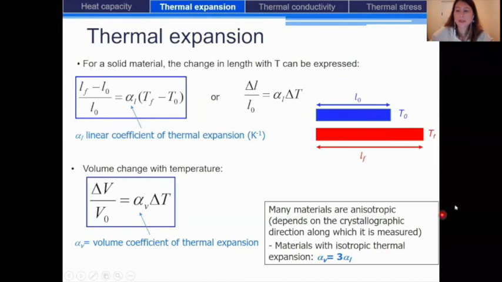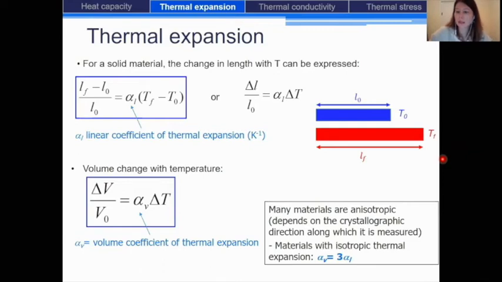Many materials are anisotropic, which means that the properties depend on the crystallographic direction along which the dimensions are measured. So the linear coefficient of thermal expansion will depend on the crystallographic direction in which we are measuring this thermal expansion.